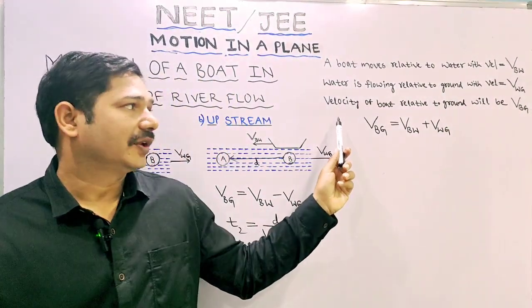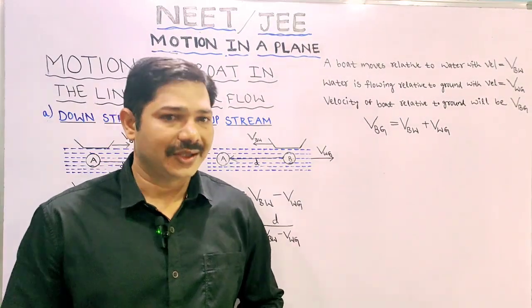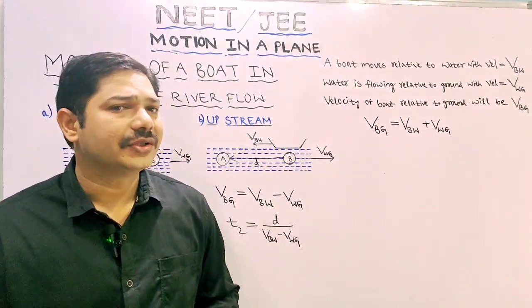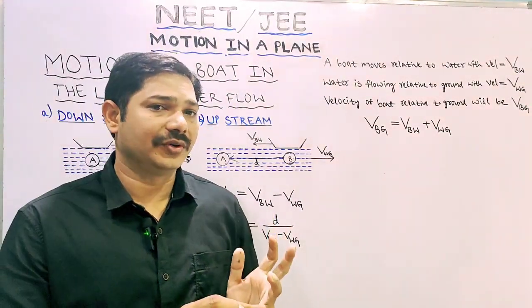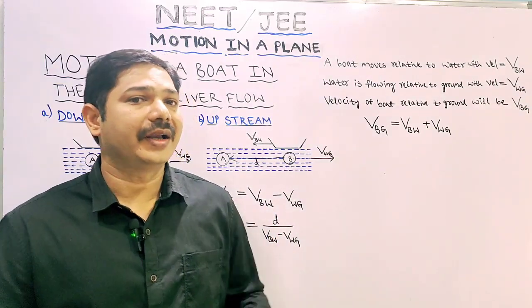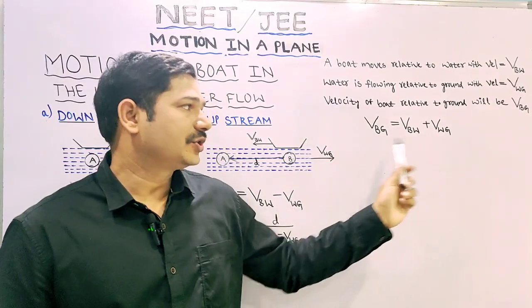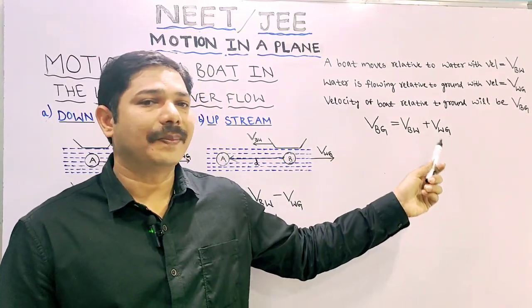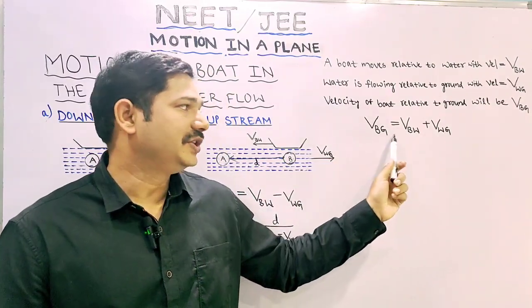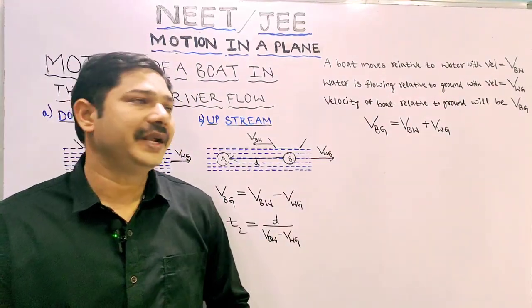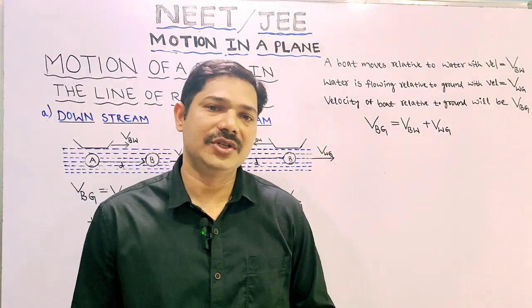The last one, the velocity of the boat relative to the ground, boat B and ground G, is VBG. So in downstream we take plus: VBG equals VBW plus VWG.